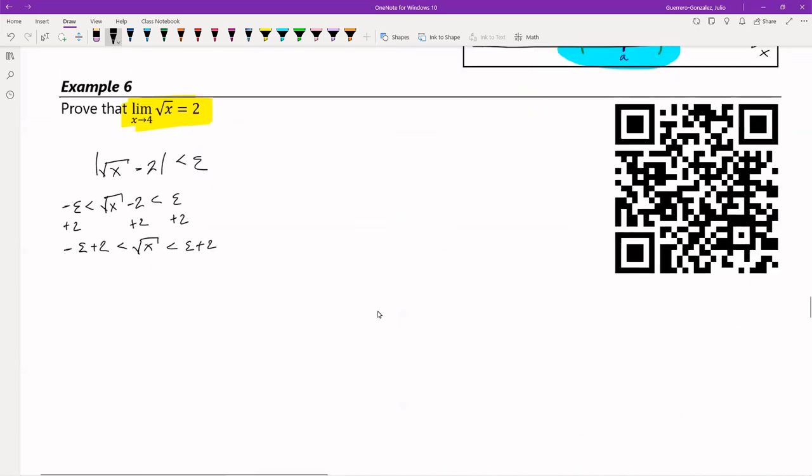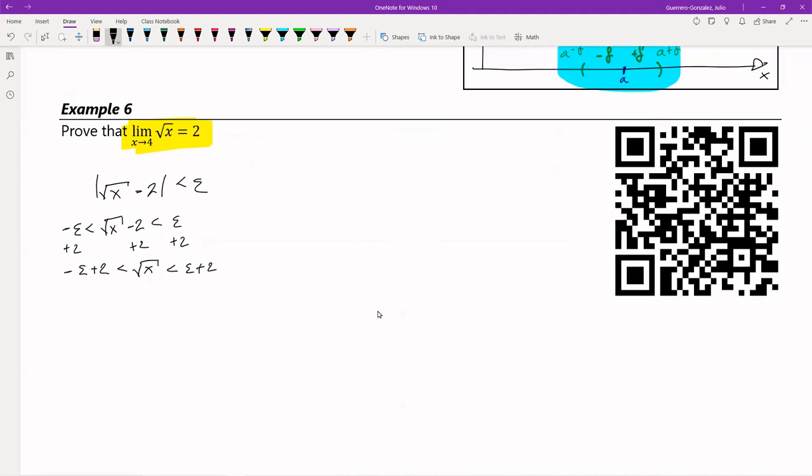We're getting there. In order for me to get rid of that square root, I need to square: minus epsilon plus 2 squared, less than x, less than epsilon plus 2 squared.